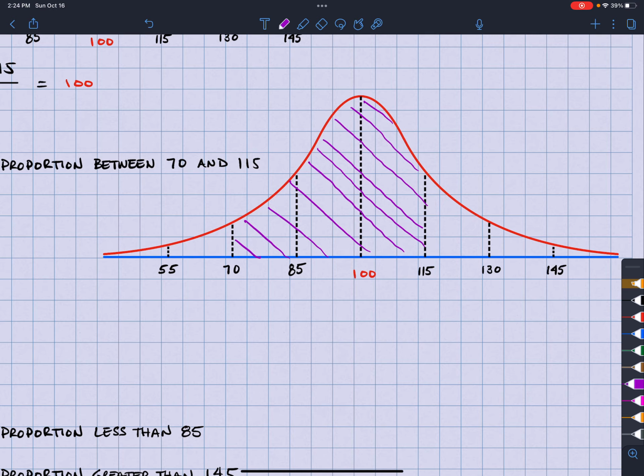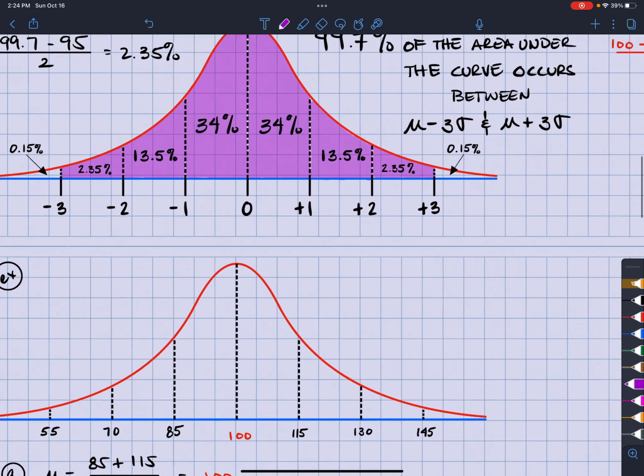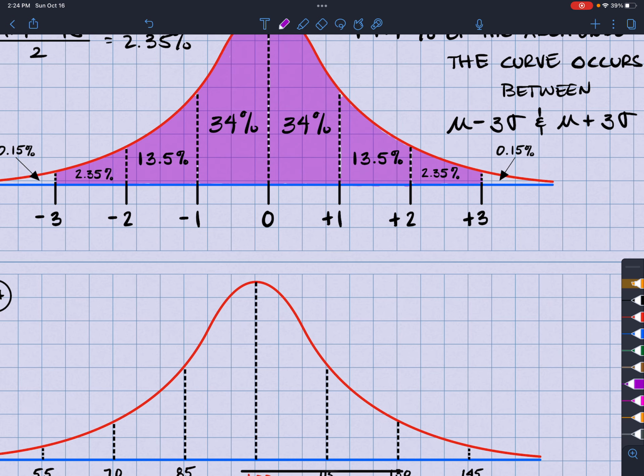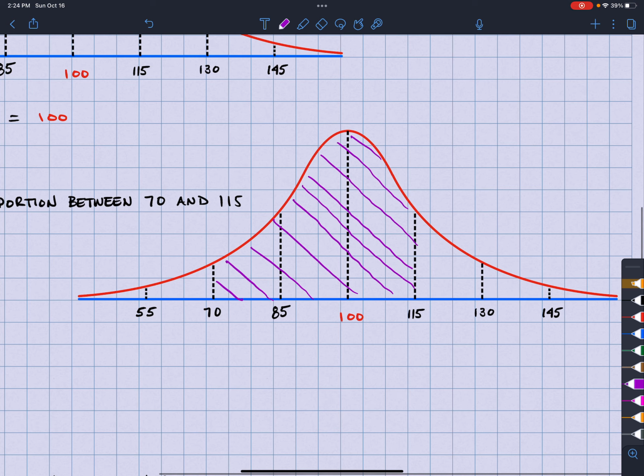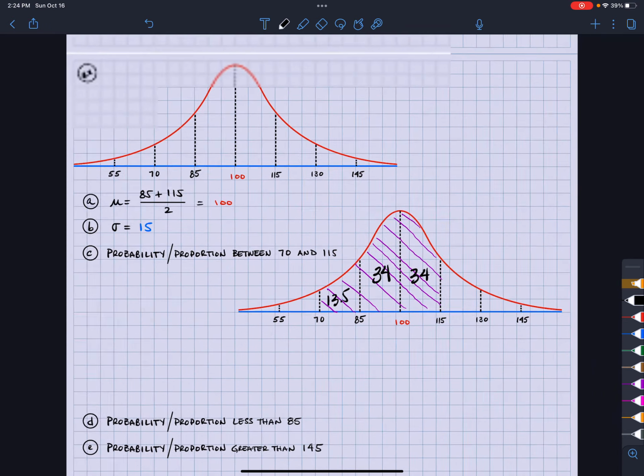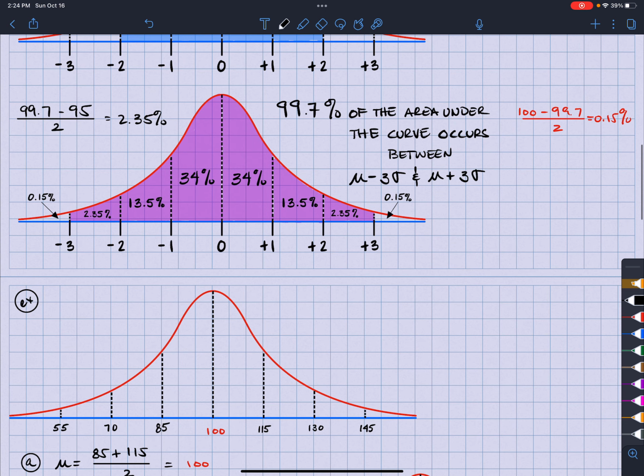All right, so based on what I wrote way up here, I broke each and every single section down, okay? So what do I have? I have the 34. The 34 was this part right here. It was what, 13.5? Is that right? Let's double check. Yeah, that's 13.5.